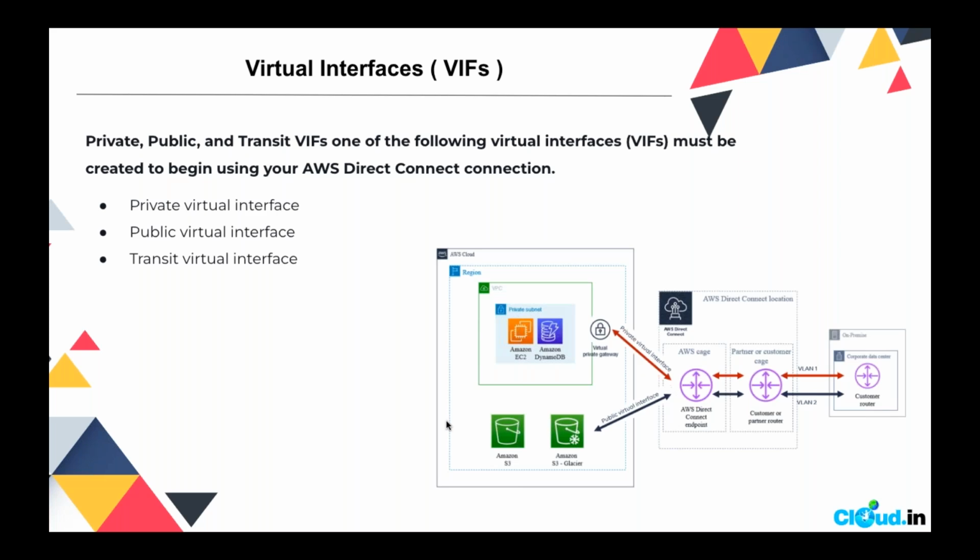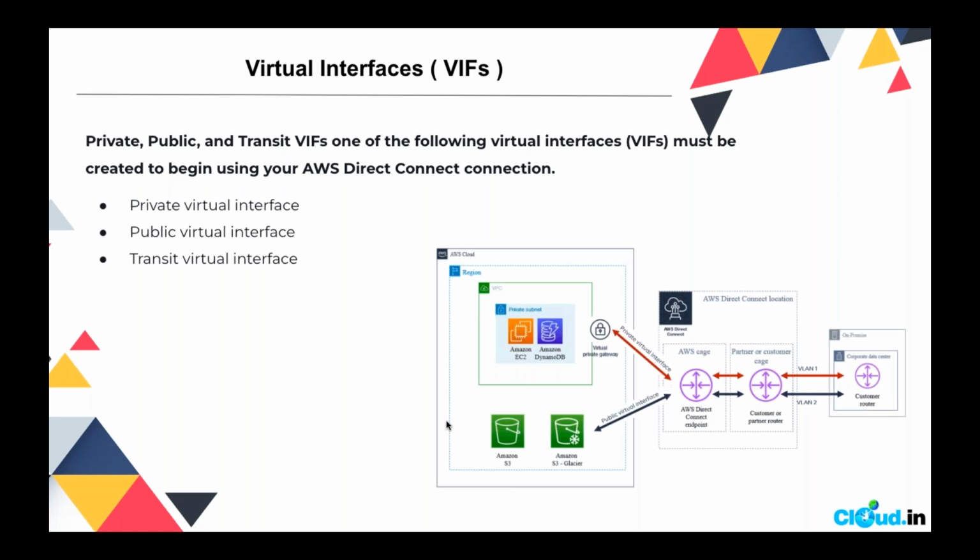This establishes a private connectivity between your on-prem network and your VPC, and the services that come under your VPC, like your servers and your databases.